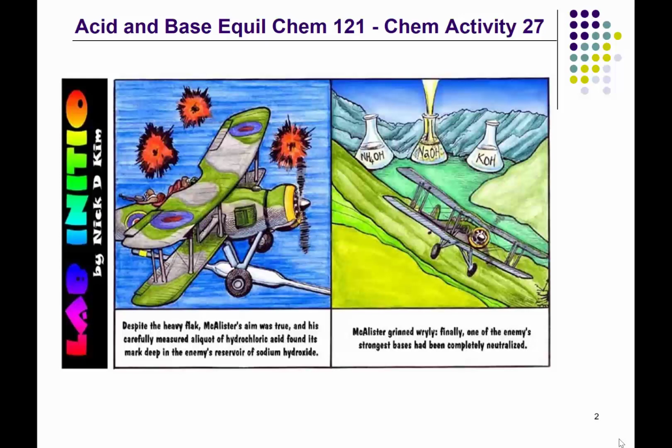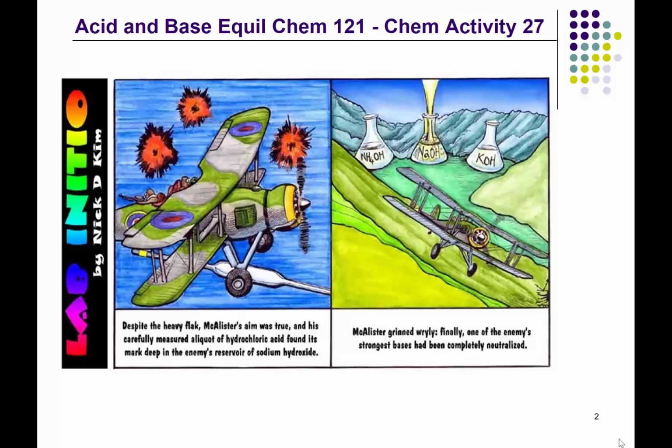As you know, we use the word neutralization in a number of ways. One of the reasons why I highlight this cartoon is that it's important for us to be careful with this word, in the sense that for any titration we would often say the base neutralized the acid, or the acid neutralizes the base.